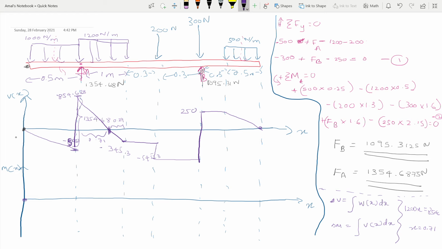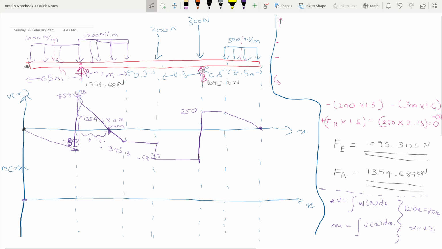I can show you here. I can erase some part here, and then I can show you. This is a little bit important. I'm going to delete some of this stuff, because this explanation will be very helpful for you guys.